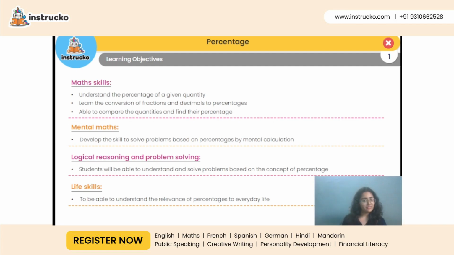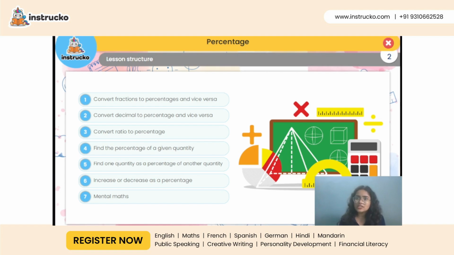And last but not the least, you will be able to understand the relevance of percentages to everyday life. Let's move on then and let's see what percentages are. This is the lesson structure, how we will be going about throughout the lesson. Let's just move on without any further ado.